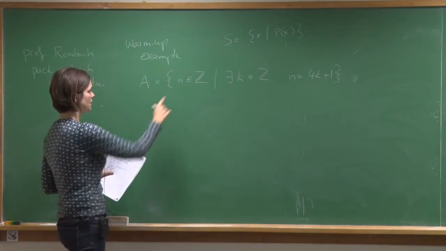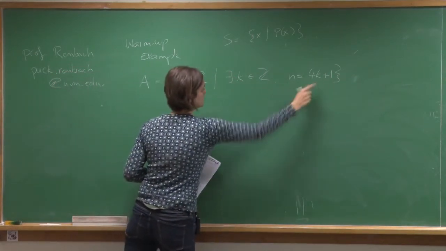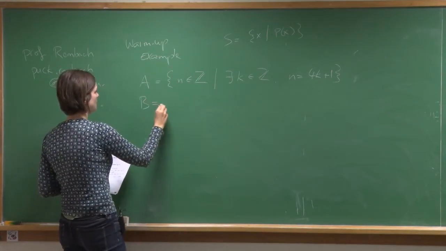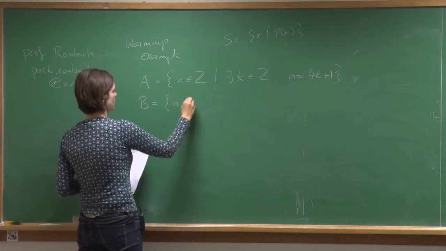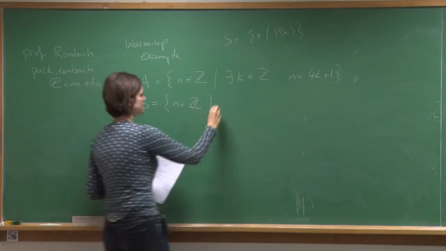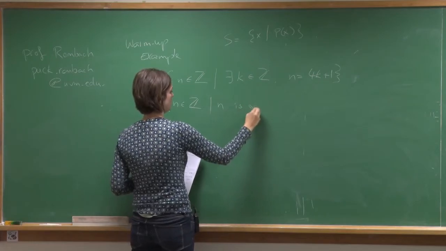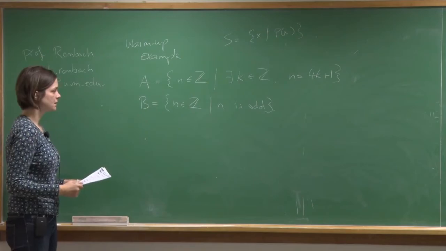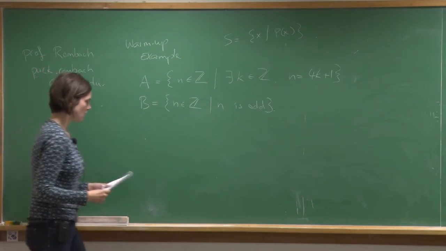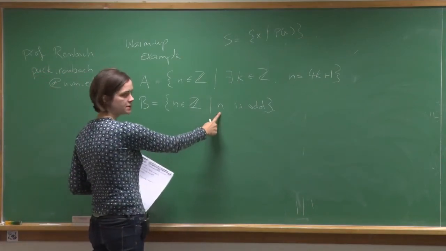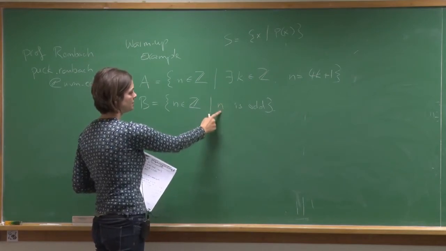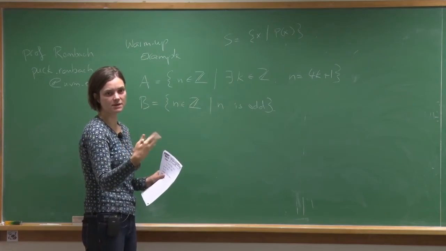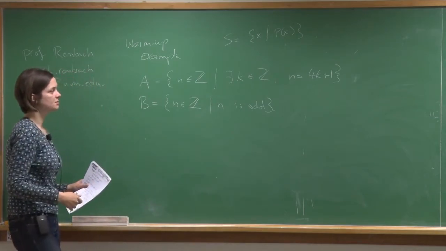So we say it's all elements n such that this statement about n is true, and then B, let this be all of the integers such that n is odd. Okay. Those are two different set definitions. And as you might notice, we could also write this one in the same way as that one, but with a 2 instead of a 4, right? Because every odd number can be written as 2 times some integer plus 1.